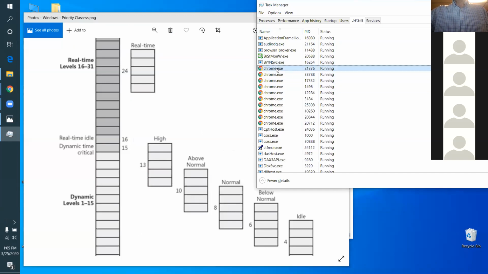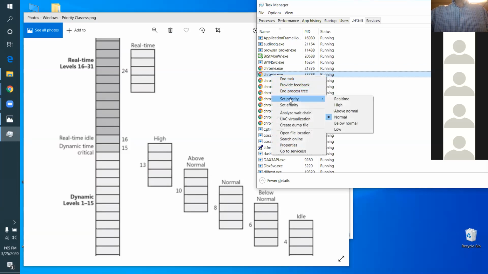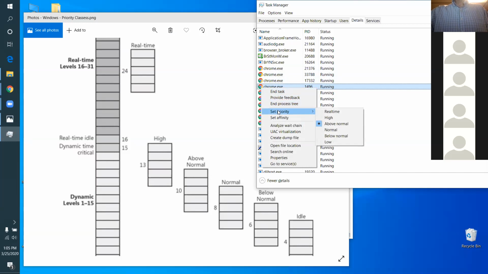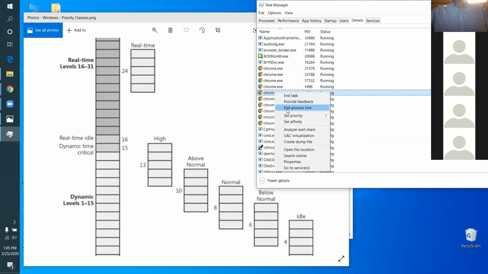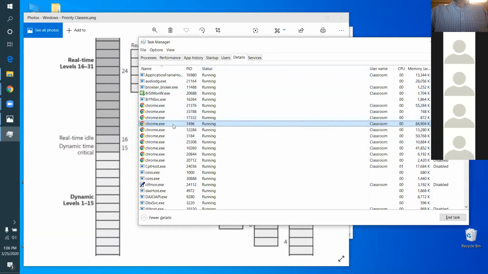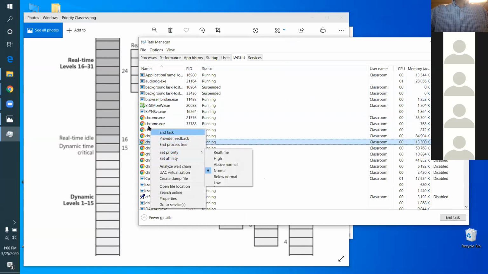Now let's see. What about another Chrome process? Now notice this one's normal. This one's normal. This one's normal. Above normal. That one's somehow special. This one Chrome process is going to be more special than the other Chrome processes. These are probably tabs. We can probably find out which one it is.